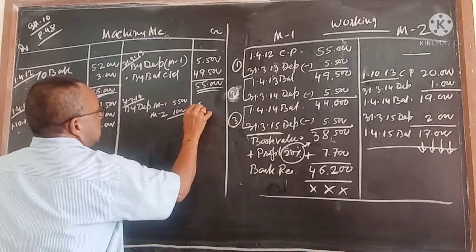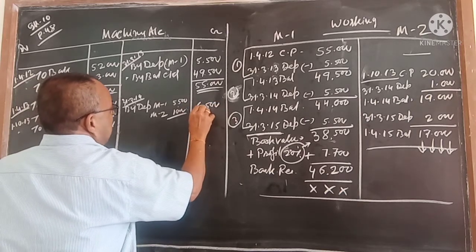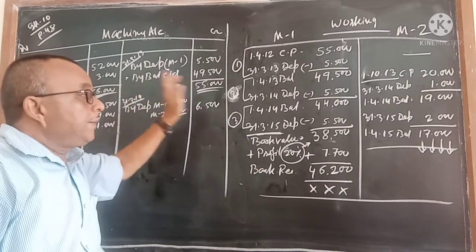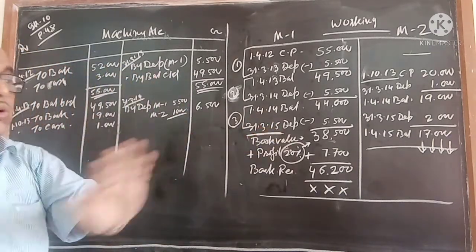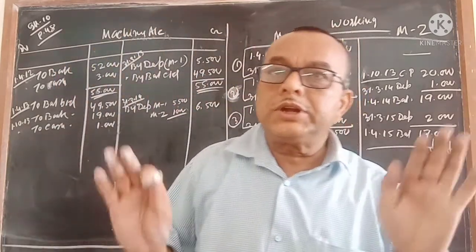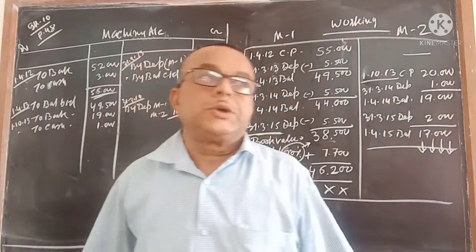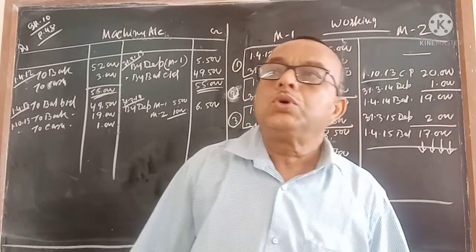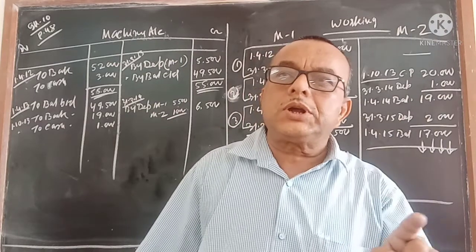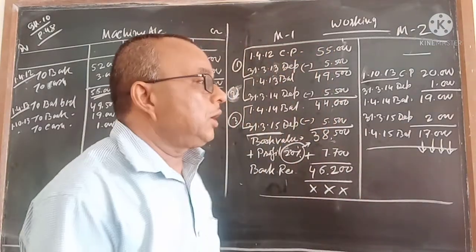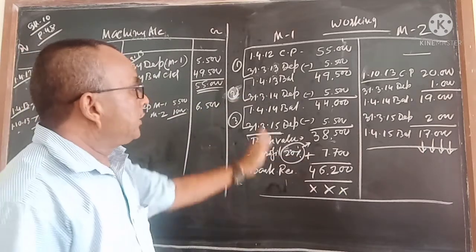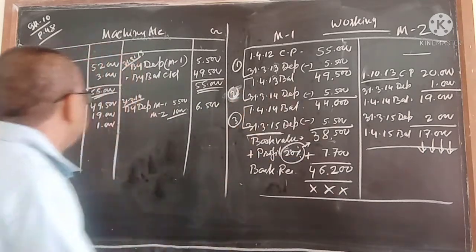That means 6,500. Do you understand? When we do the machinery account ledger, M1 and M2 will not be done separately. Once again, students, listen. We will do one machinery account ledger where M1 and M2 go together. But when we do the working, M1 and M2 will be made separate.